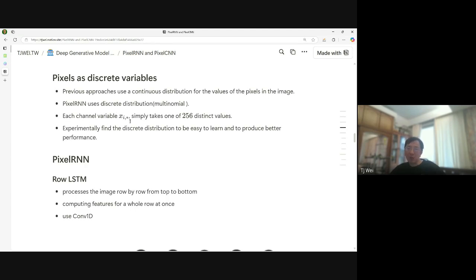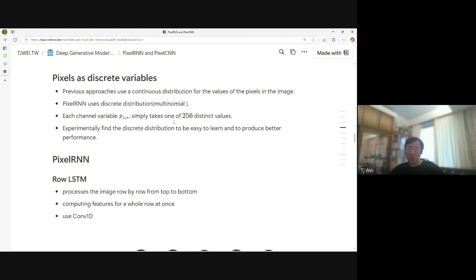Each channel variable simply takes one of the 256 discrete values. There's absolutely no consideration of the topological structure of the pixel intensity. When I say topological structure, it means that 200 is closer to 199 than to 100 or 0.